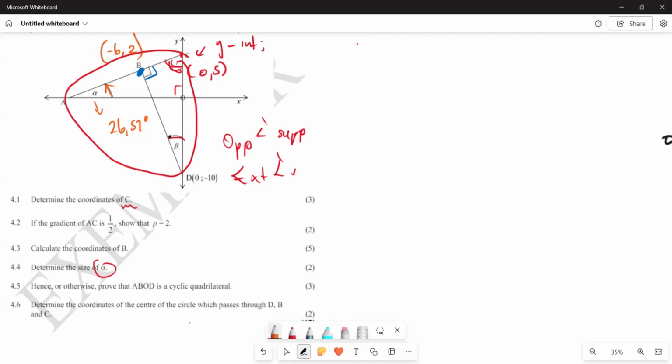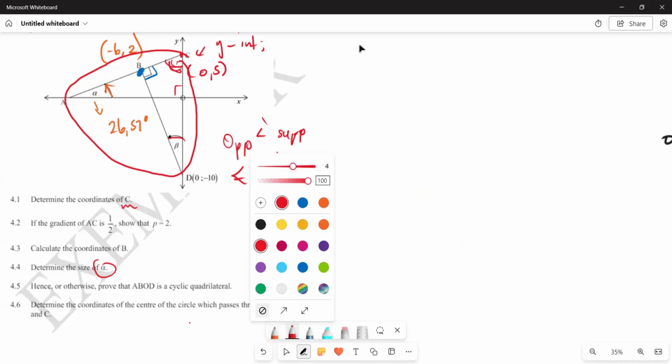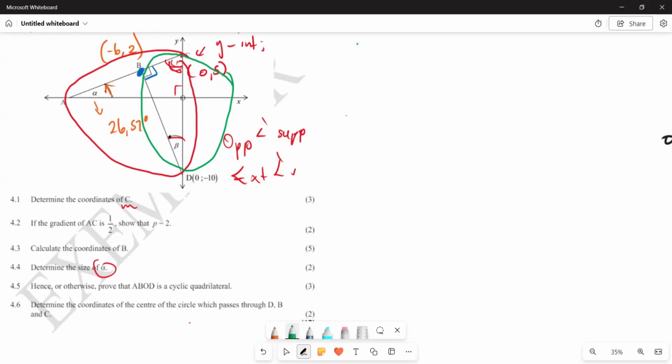They say determine the coordinates of the center of the circle which passes through B, D, C. Which means now, if they are having another circle passing in here, let's say B, D, C. This is C, this is D. I know my circle is not looking appetizing enough, but I think you can see the idea, right?